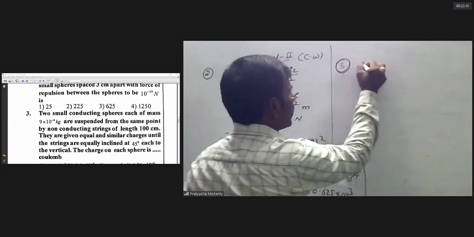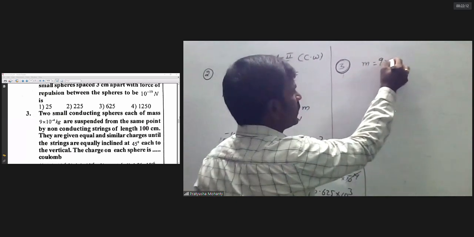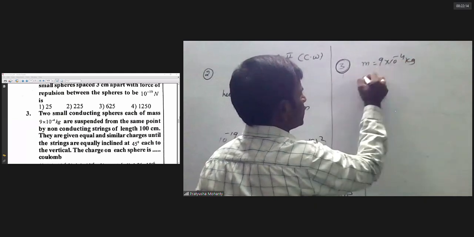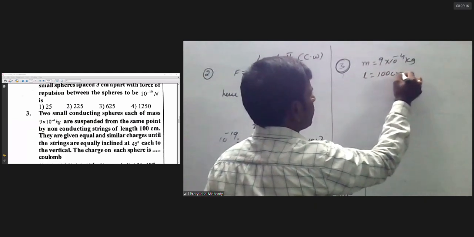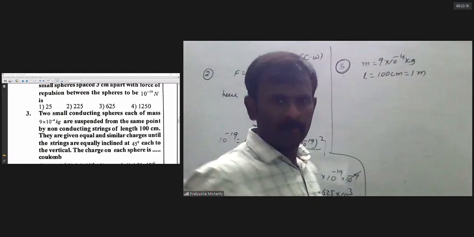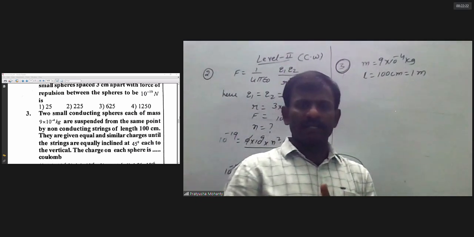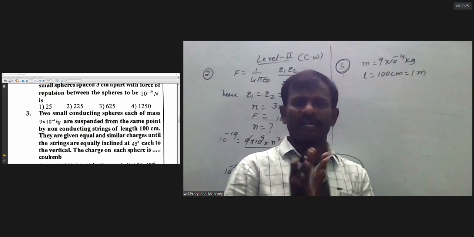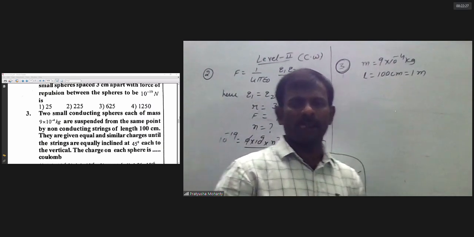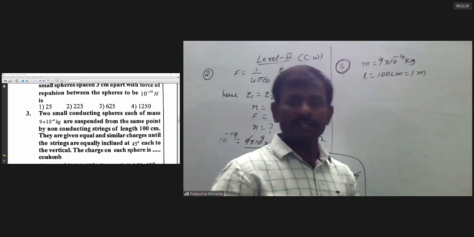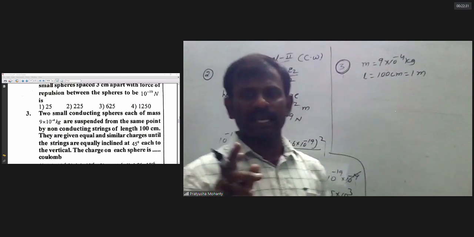So m is given 9 into 10 power minus 4 kg. L given 100 centimeter means 1 meter. They are given equal and similar charges until the strings are equally inclined at 45 degree to each other. Find the charge on each sphere.